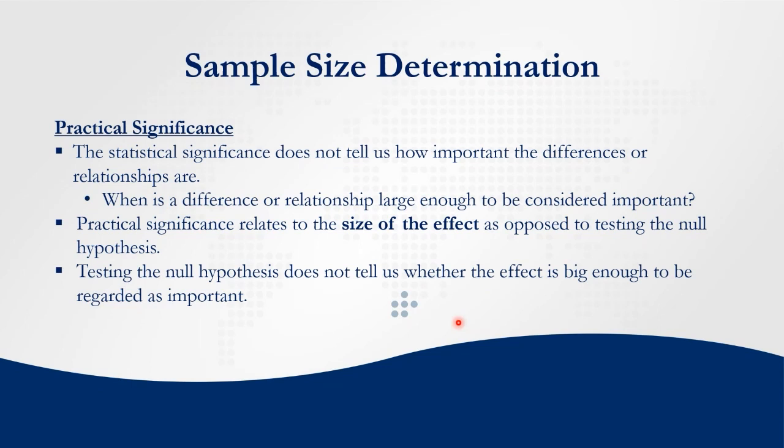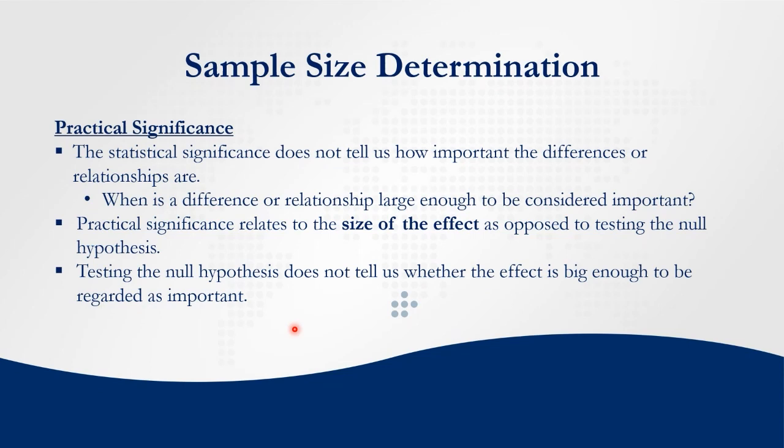Does it improve whatever it's meant to improve? If it's 10%, does it actually change things in the bigger scheme of things, or does 10% not really change this particular thing that we are studying? What we get from testing the null hypothesis doesn't really tell us whether this effect is practically significant or not.